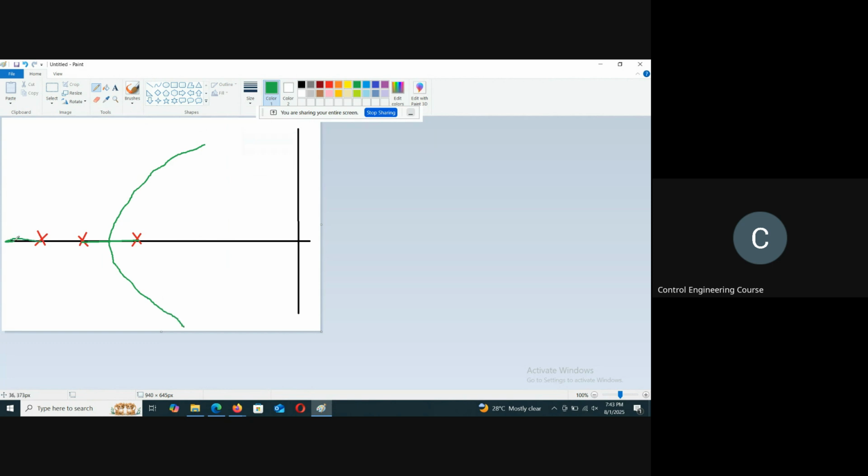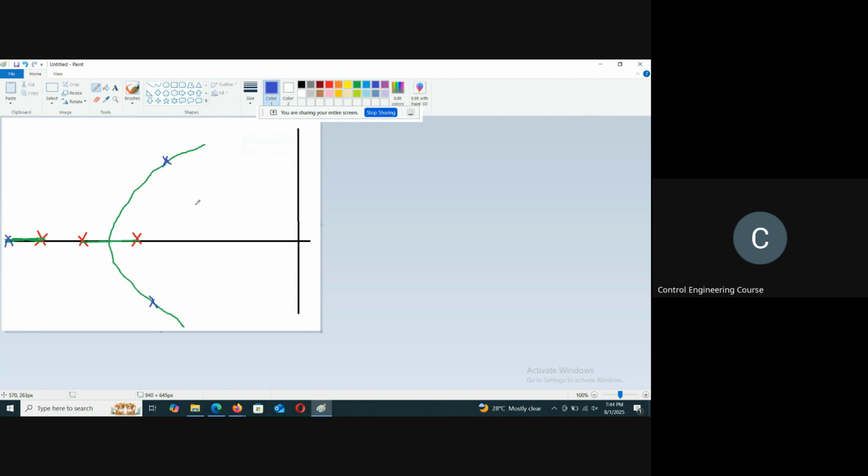Let's say you have done everything, and this is actually where you want. This is a very sweet spot for you. So you have done all the design and ensured the closed loop poles are like this.